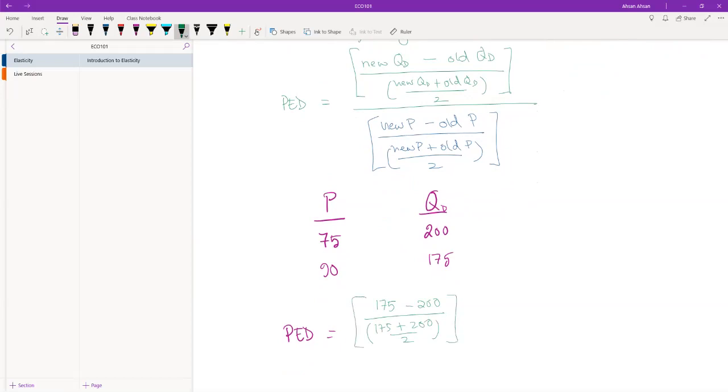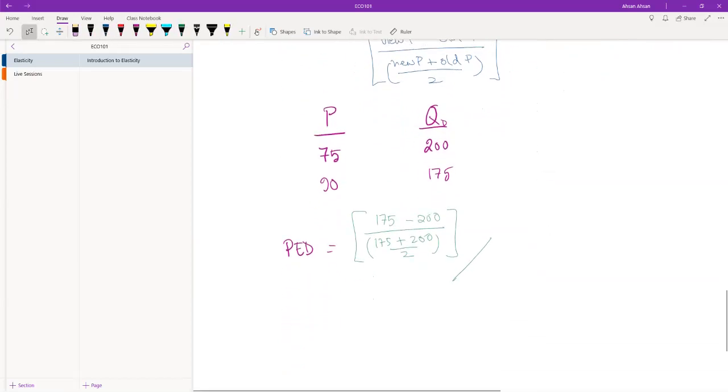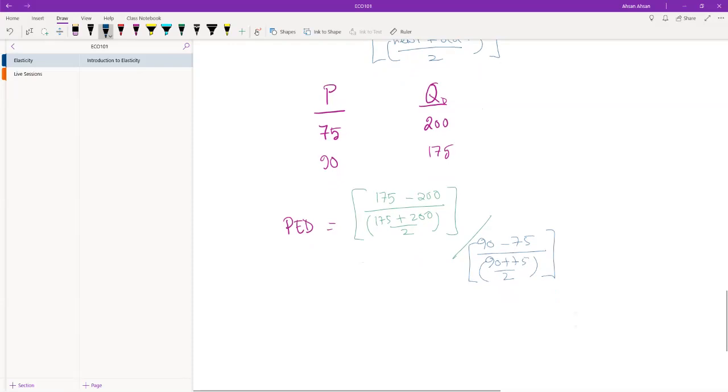This entire thing is in turn divided by, I'll use blue ink again, new price minus old price, this whole thing divided by this plus this divided by 2. And that's how you set up the problem.